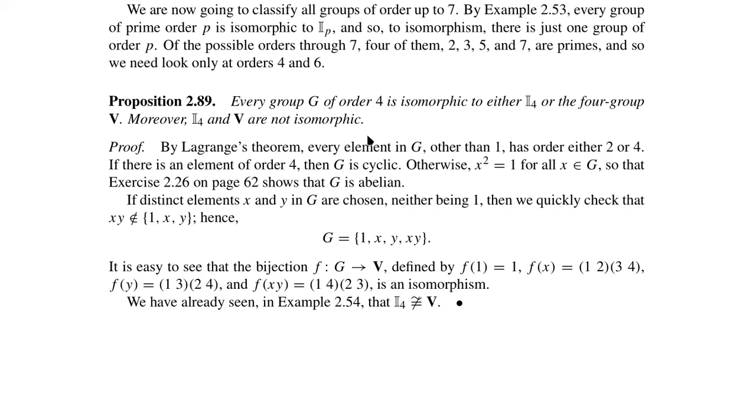But yeah, so if you have a group of order 4, by Lagrange theorem every element in G other than 1 has either order 2 or 4, right? So if you go back to the P set on group theory, you'll see that there's a problem related to something like that.